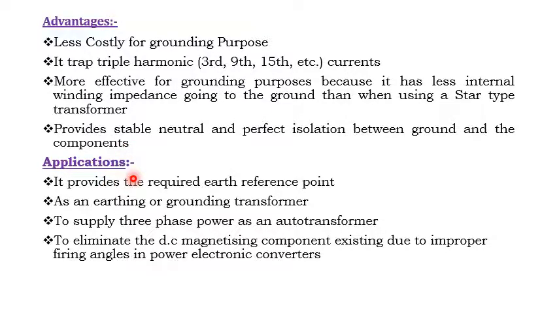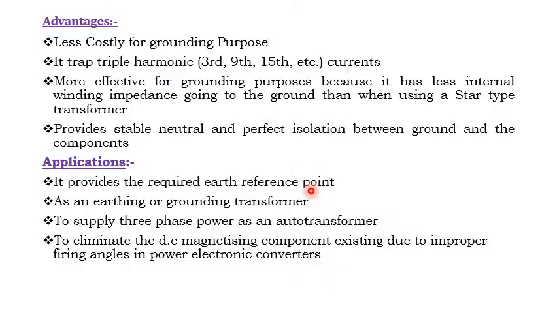And it has some applications where such a transformer can be used. It provides the required earth reference point, obviously, because a star connection will be there, that is the zigzag star connection.